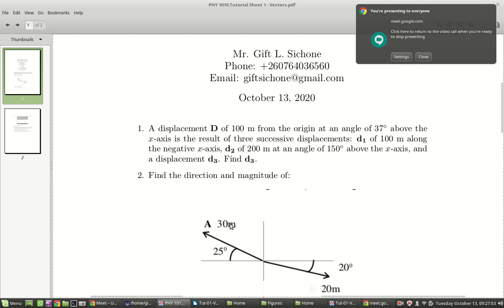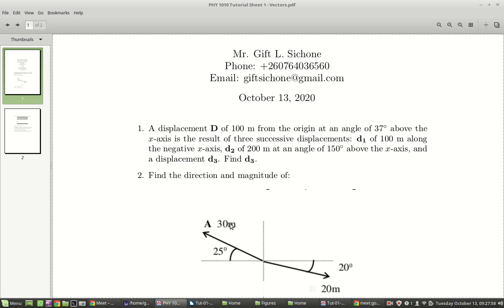So a displacement d of 100 meters from the origin at an angle of 37 degrees above the x-axis is the result of 3 successive displacements: d1 of 100 meters along the negative x-axis, d2 of 200 meters at an angle of 150 degrees above the x-axis, and a displacement d3.